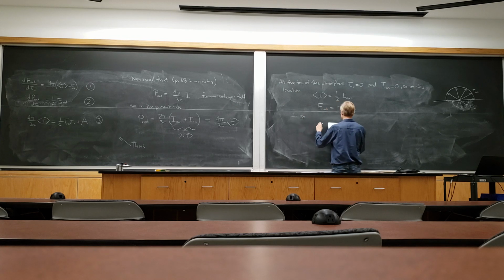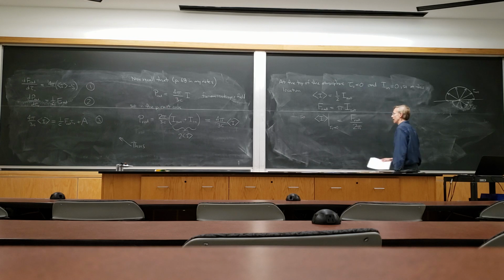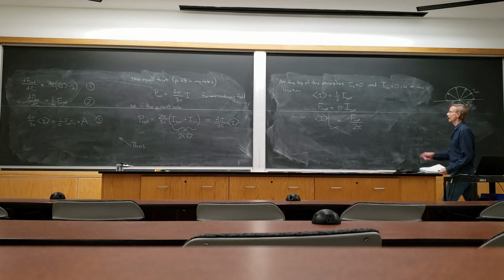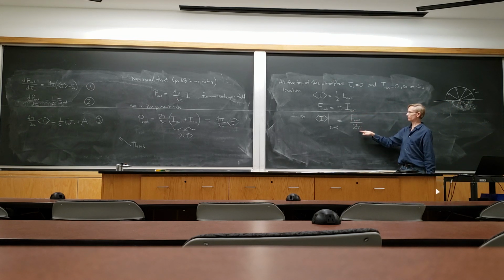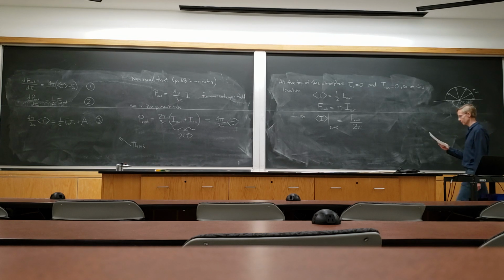So the mean intensity at tau v equals 0 is the radiative flux divided by 2 pi, because I out is f rad over pi, so half of that is f rad over 2 pi.